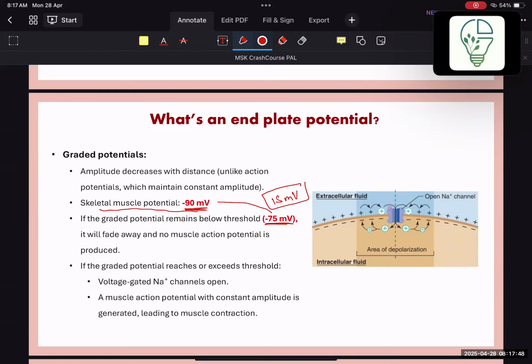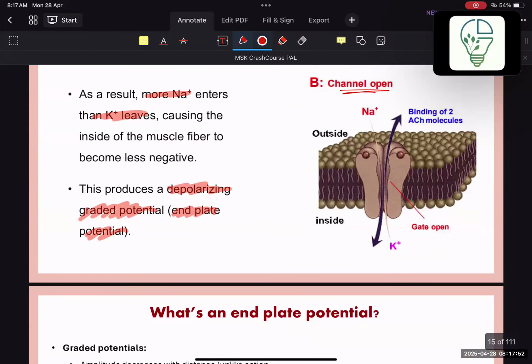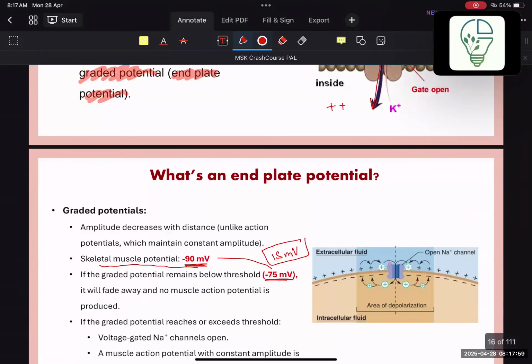So what's going to happen is that this nicotinic channel, the one that we just discussed, is going to allow a lot of sodium to come in, which is going to make you have a positive charge. If this temporary positive charge, which is a graded potential, not an action potential yet, if this difference is more than 15 mV and you cross the negative 75 millivolt threshold, then you're going to trigger an actual action potential.